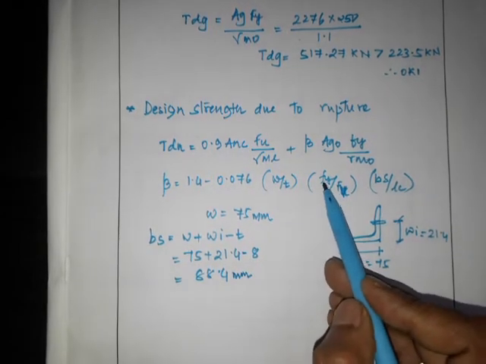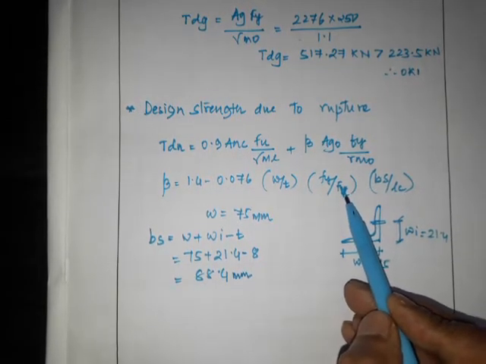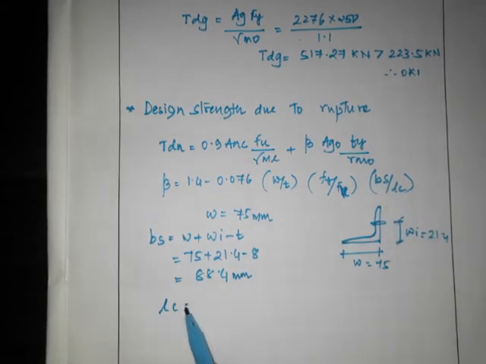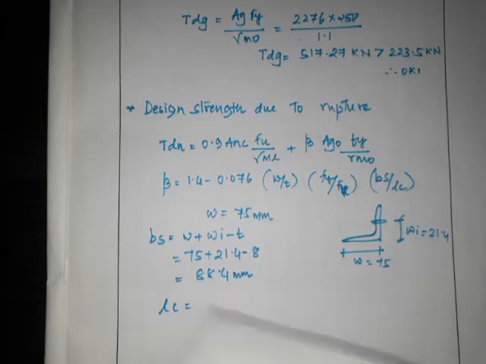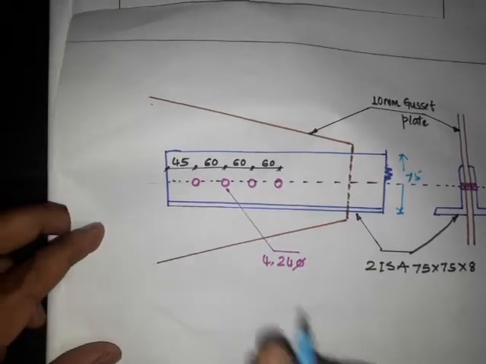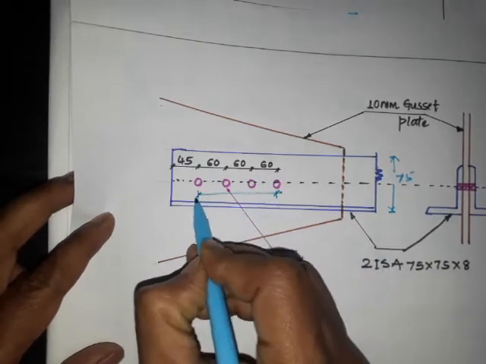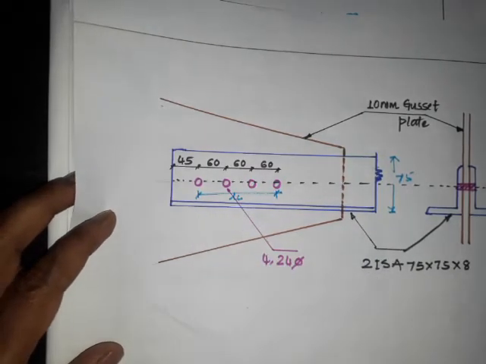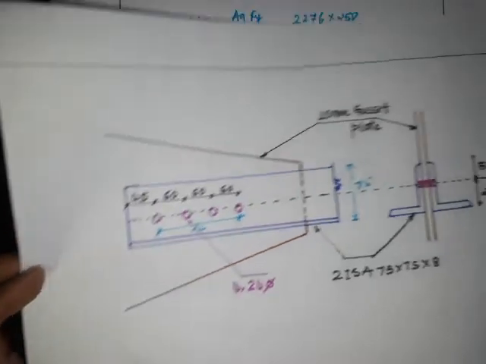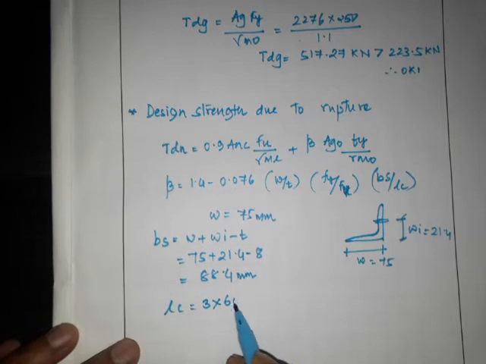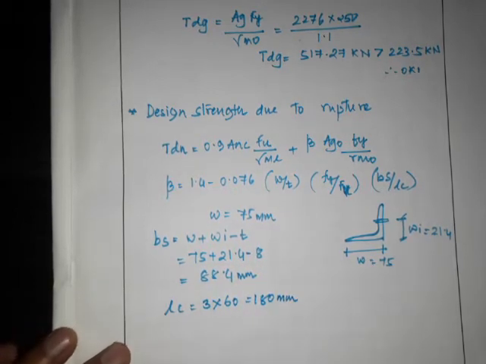Then Fy is 250, Fu is 410. We got bs. Now Lc is the length of connection. From here to here is Lc, the length of connection. That is 3 times 60, so 180 mm. So we got Lc also.